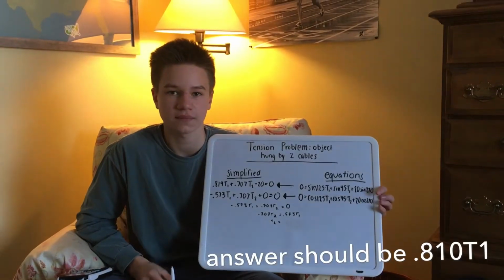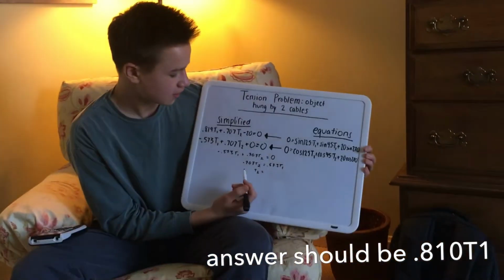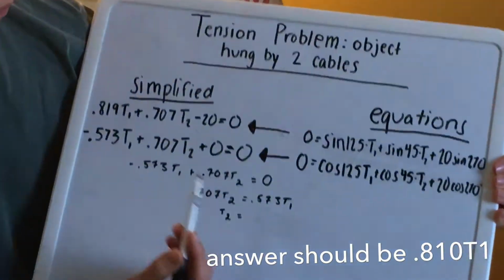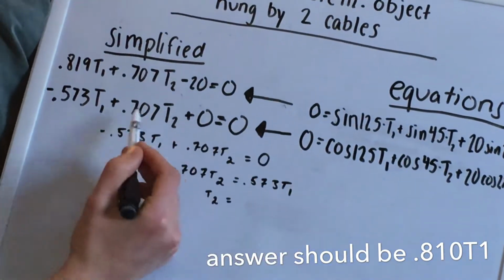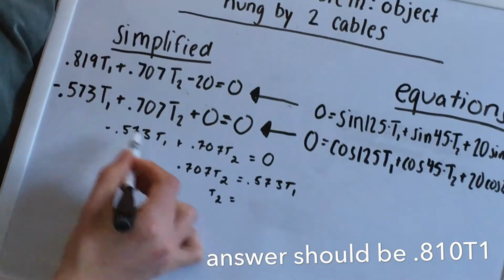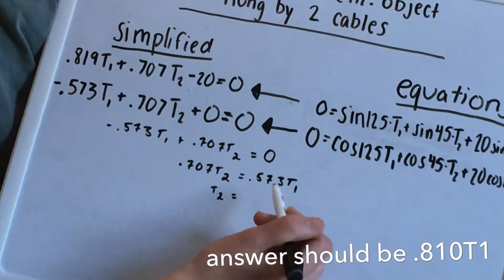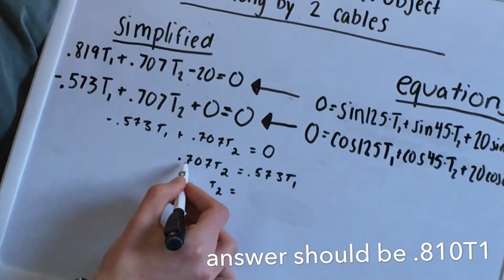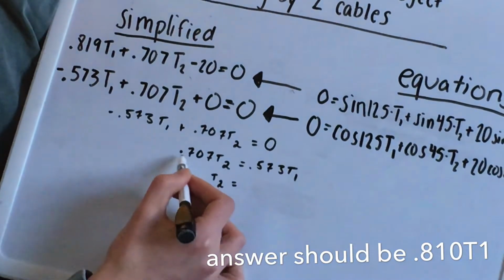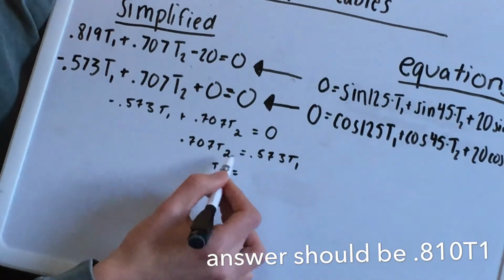Okay, now I'm going to give you a second to pause the video and solve it yourself. Okay, now that you're done solving, I've gone ahead and broken it down, simple algebra. We have this equaling 0 as before, so we're going to add the negative over to the other side. Then right here we're going to divide both sides by 0.707 to solve for T2.